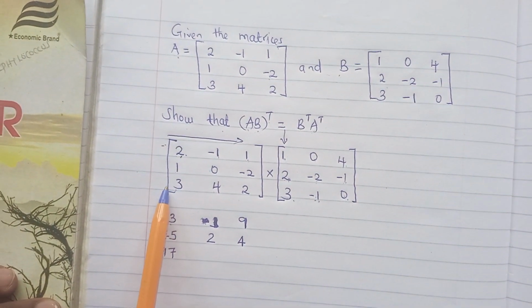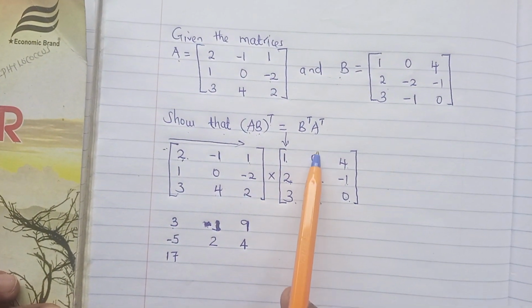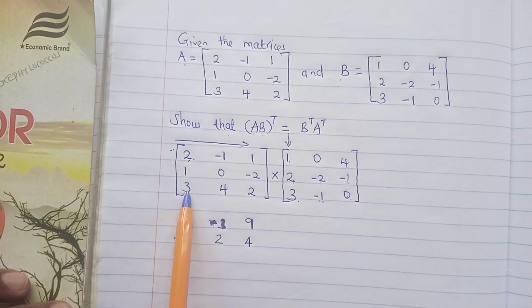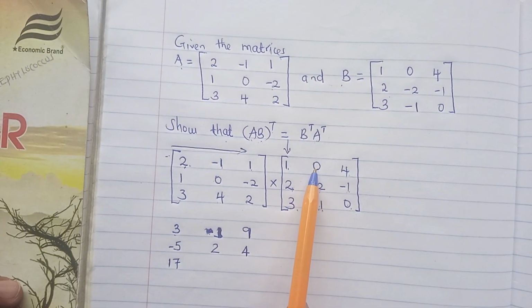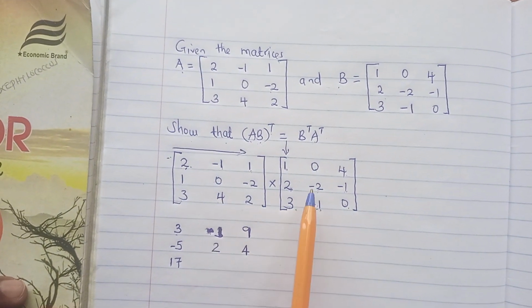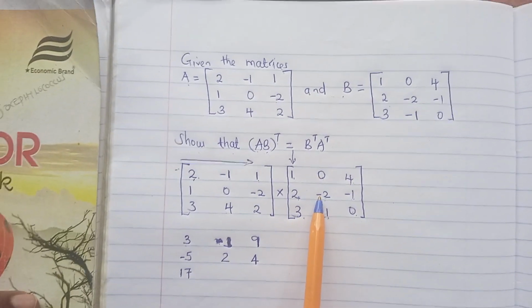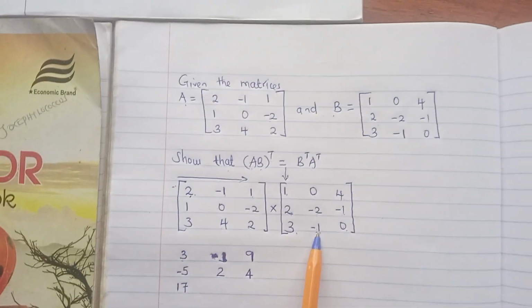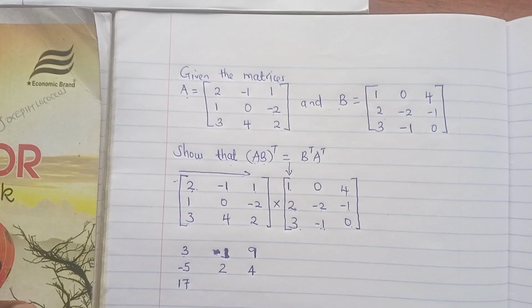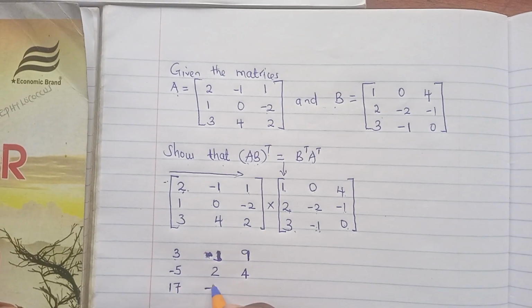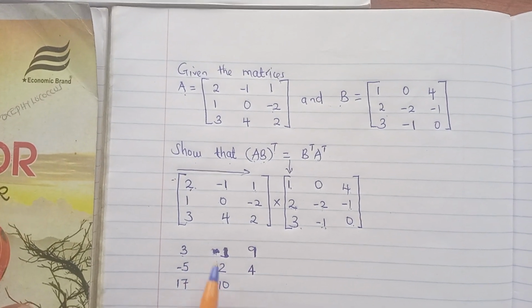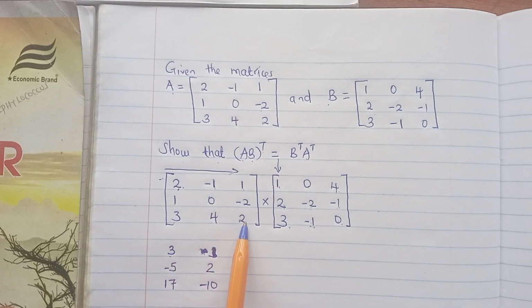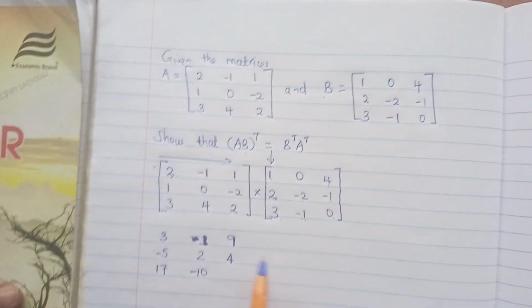And then we move to the last row and the second column. So 3 times 0, this one is 0, plus this one times this one is negative 8. So negative 8 plus negative 2, we're going to have negative 10. So this is negative 10. And then we move to the last row and the last column.